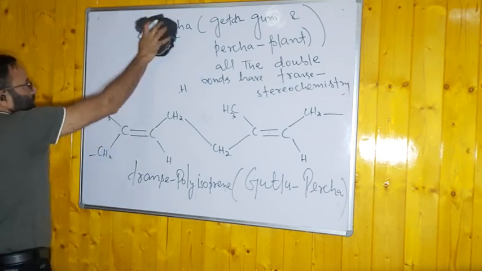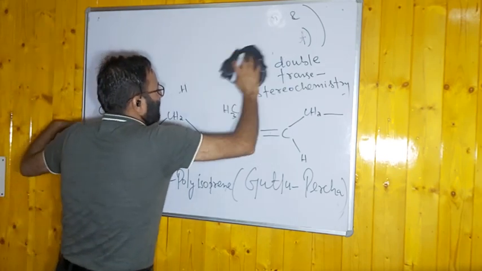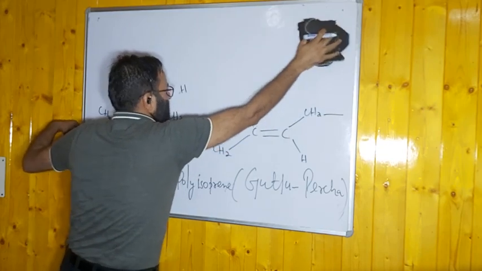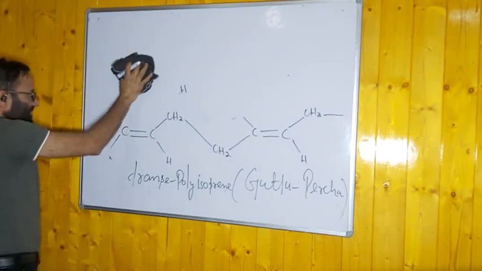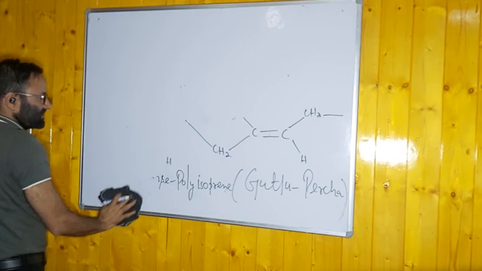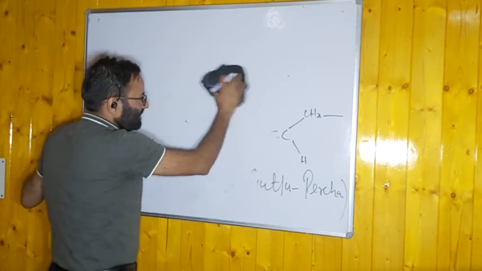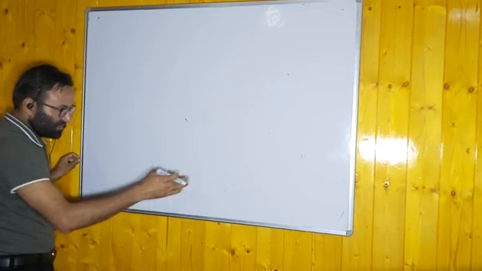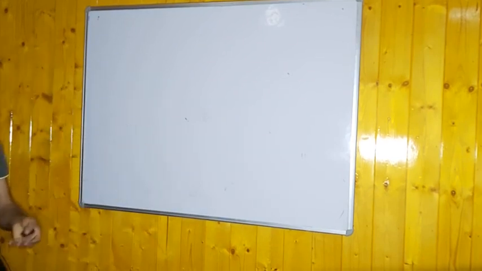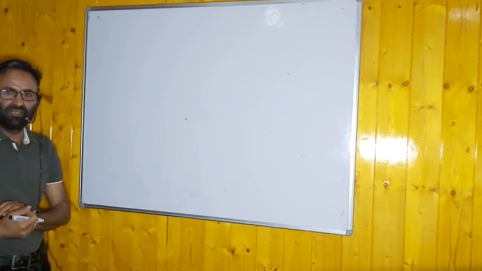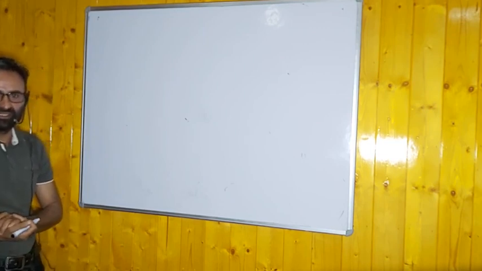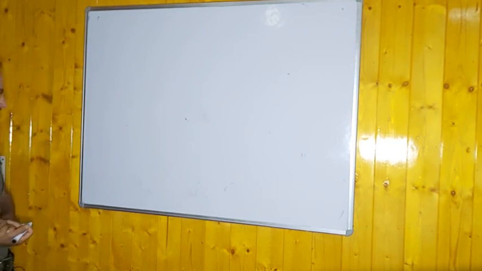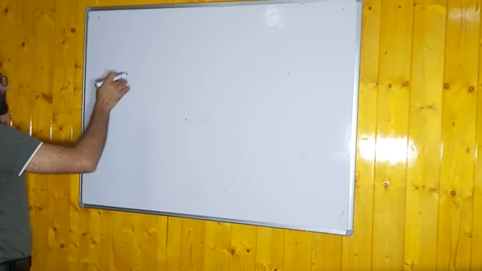This is the most important point about the stereochemistry in natural rubber. In natural rubber, the stereochemistry is cis form, and in gutta-percha, the geometry is trans orientation.